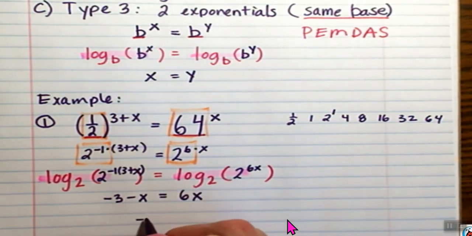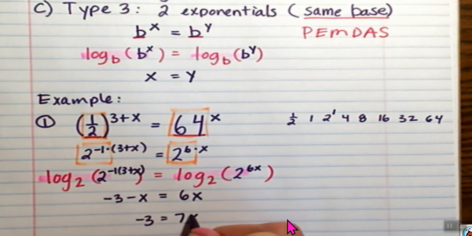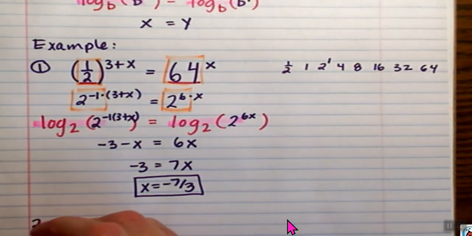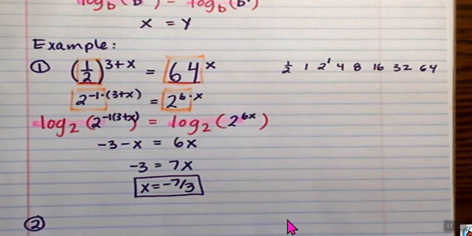And we solve for x. All right, x equals -7/3.